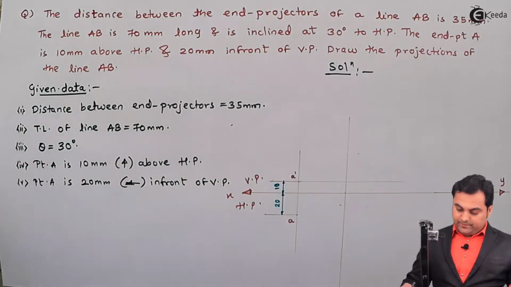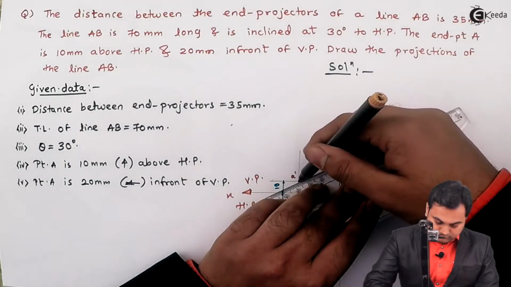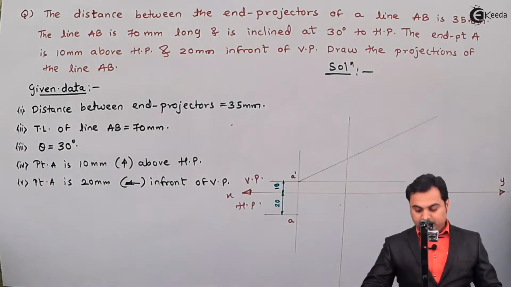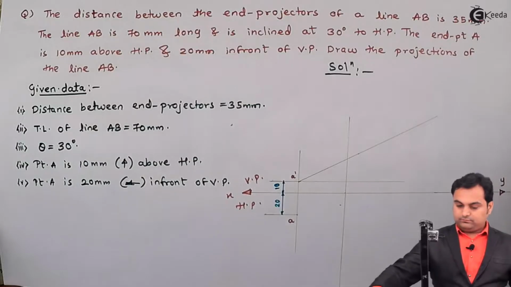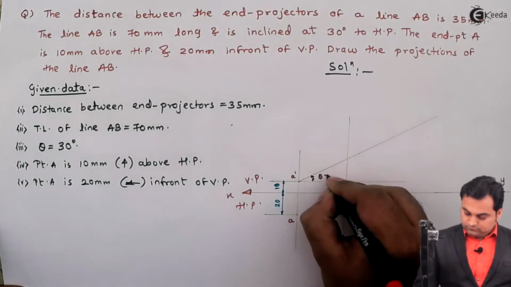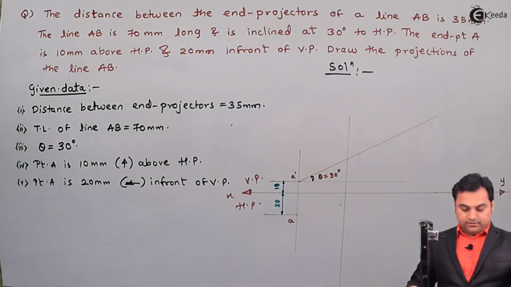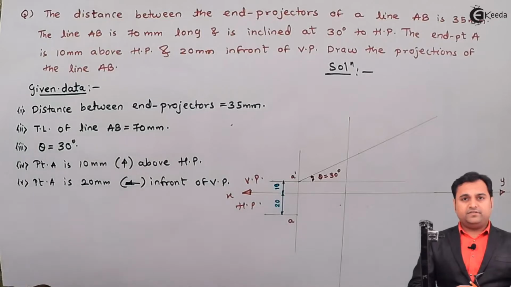It is seen in VP. Getting a light line inclined at theta equal to 30 degrees. Then the true length of the line is 70 mm.